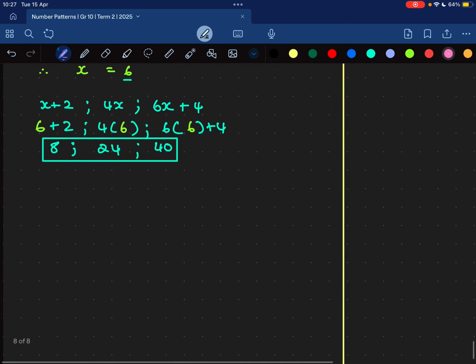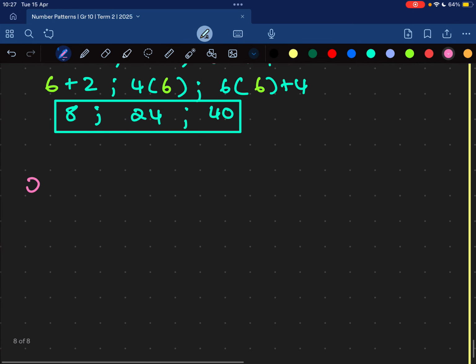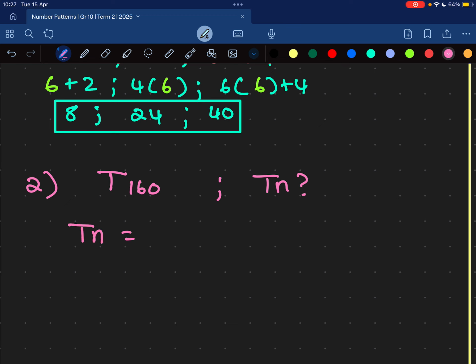Then number 2 just asked, what is the value of the 160th term? So it said, what is T160? So again, in order to find T160, we first need to have Tn. So Tn is equal to dn plus c.